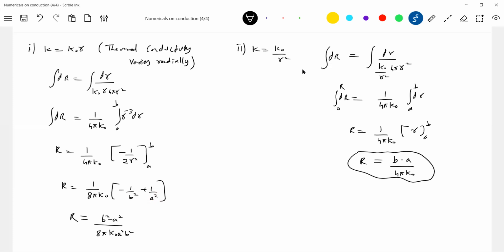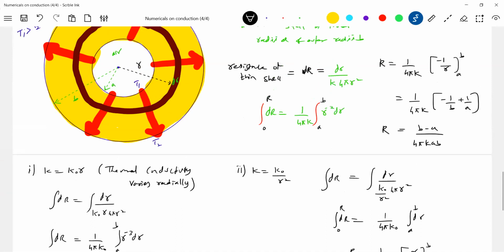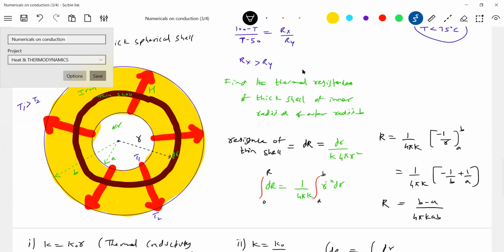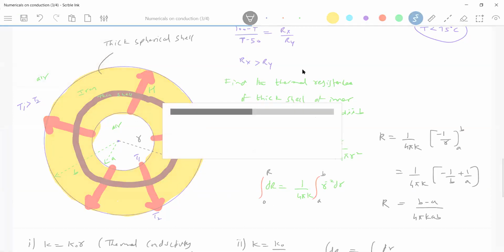Physical world, very very important. A shell means a spherical shell. It is not a disk. Please, you should have that minimum geometry in front of you.